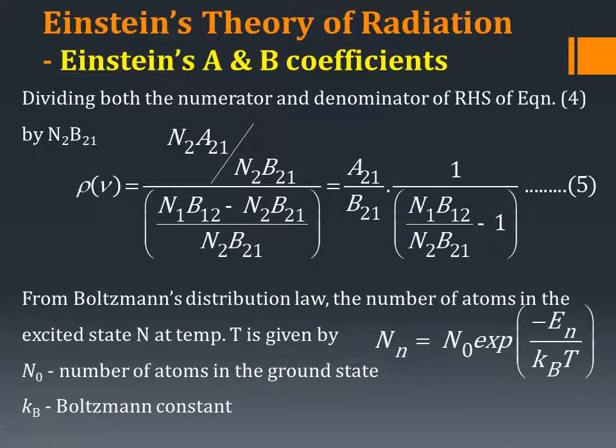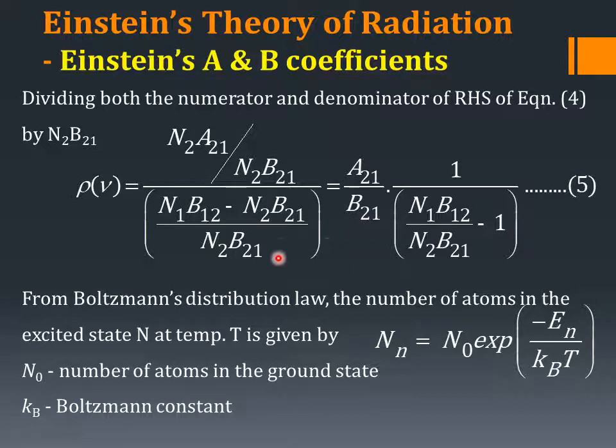We now proceed to divide the numerator and denominator in the RHS of equation 4 by N2 B21. On division of the numerator by N2 B21, we obtain A21 by B21. It is written as the coefficient here.